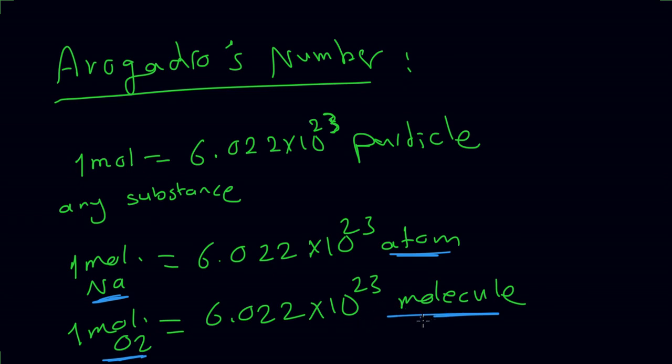That's why we use molecule for this. This is called Avogadro's number, named in honor of the Italian chemist Amedeo Avogadro, who presented an explanation of the relationship between mass and number of atoms.